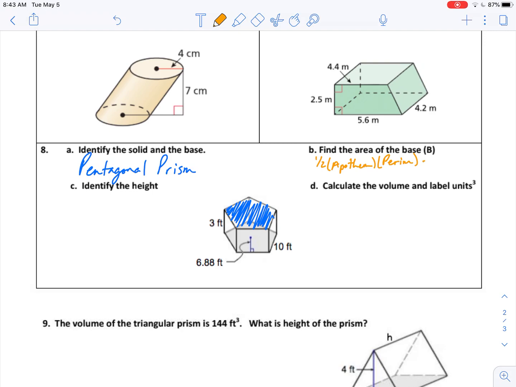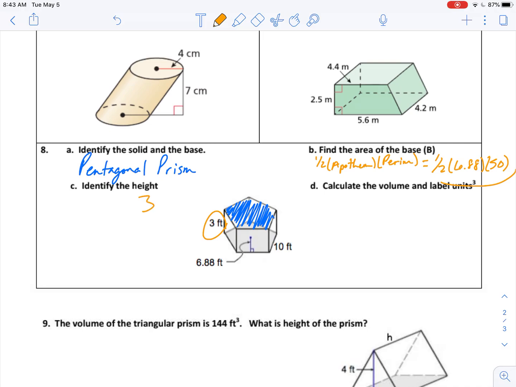Which is going to be 1/2. The apothem is 6.88. And the perimeter is 50. So 25 times 6.88, 25 times almost 7, is going to be somewhere around 175. And I'm going to take this and multiply it by my height of 3.